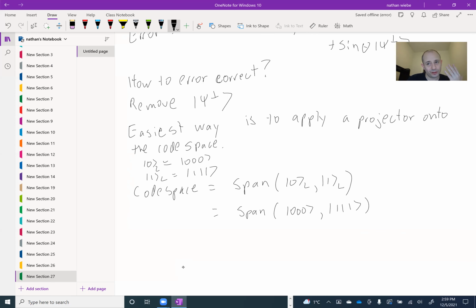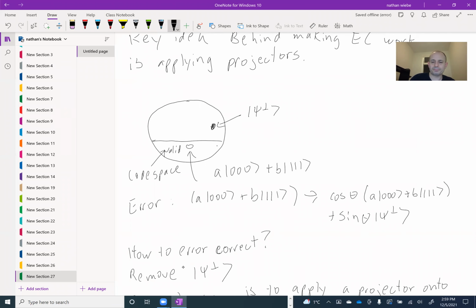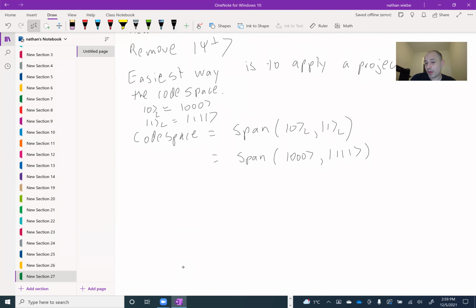this subspace doesn't encode everything, just as we see in this diagram here. Every vector inside the code space is spanned by those. So the projector onto the code space can be written as the projector onto 0 logical plus the projector onto 1 logical.